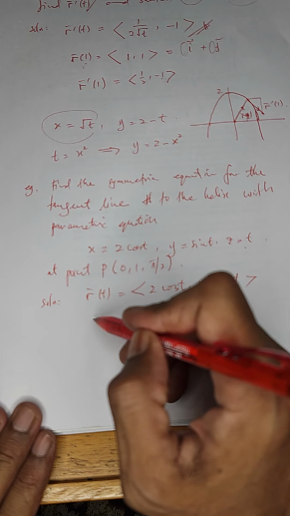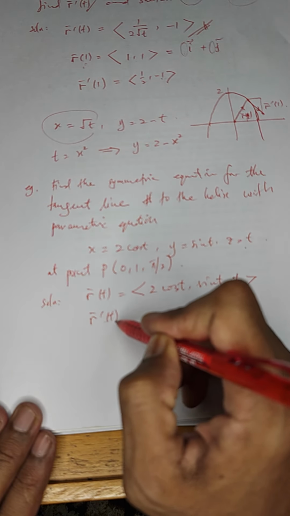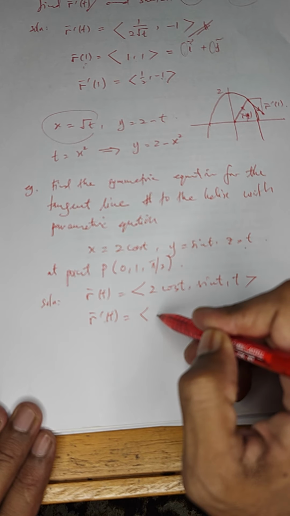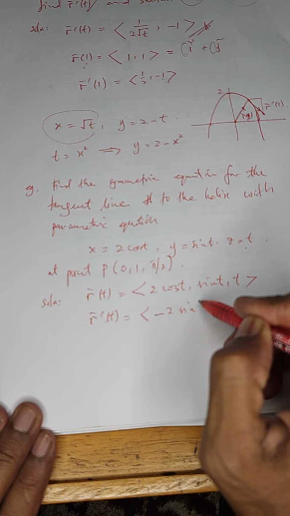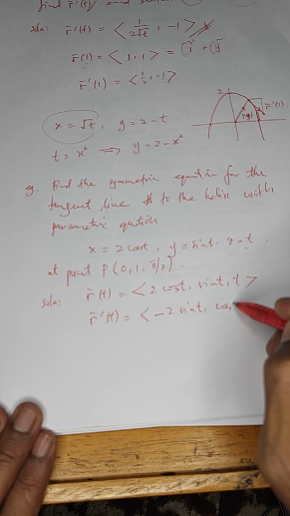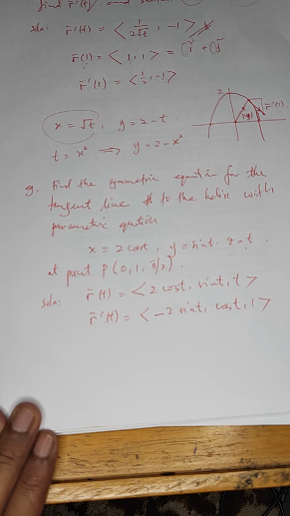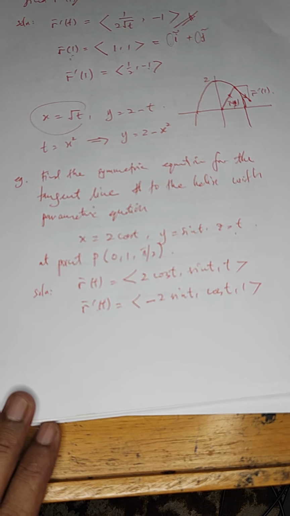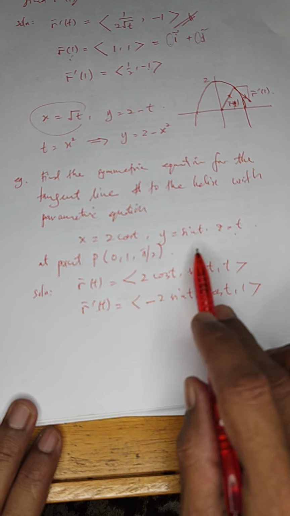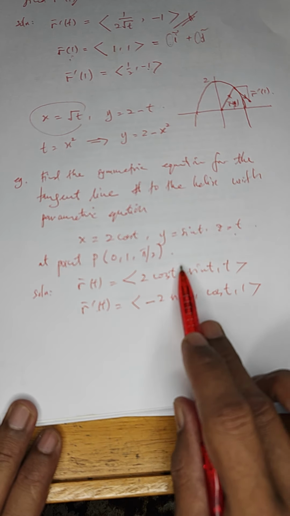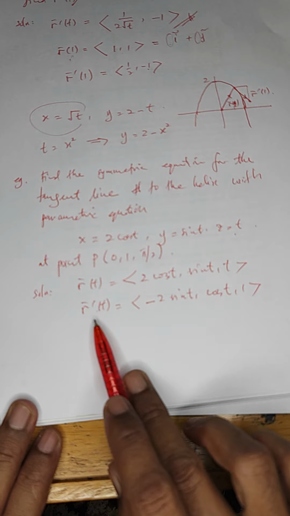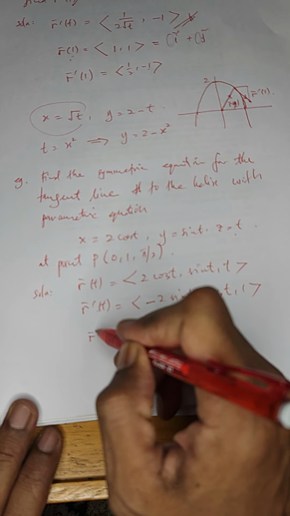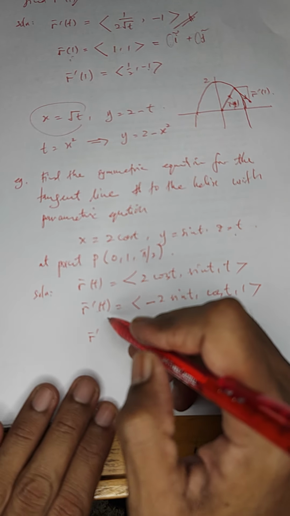If you differentiate this, r prime(t) gives you minus 2 sin t, cos t, and 1. Then evaluate r prime at pi over 2.